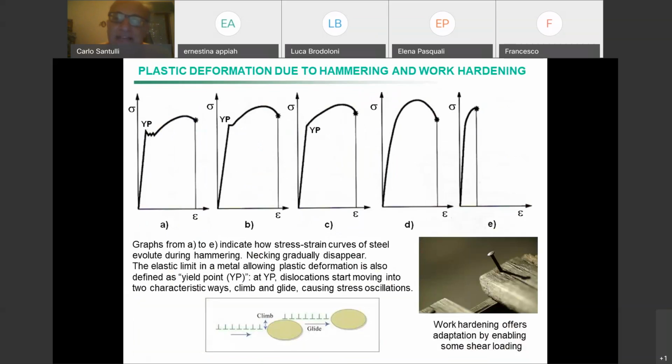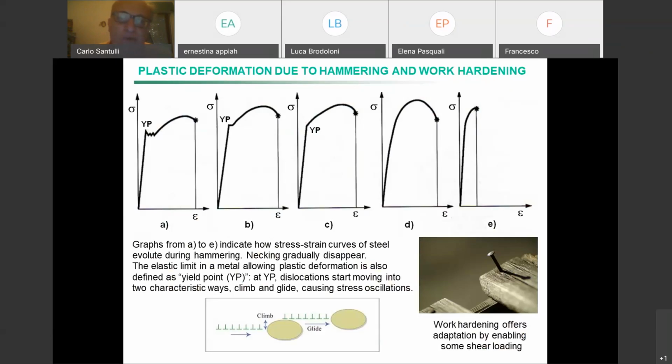There are particular types of steel which we use for making nails. Usually they are ferritic steel and they are not that ductile because in the end the nail needs to undergo quite considerable forces, so it cannot be that ductile.